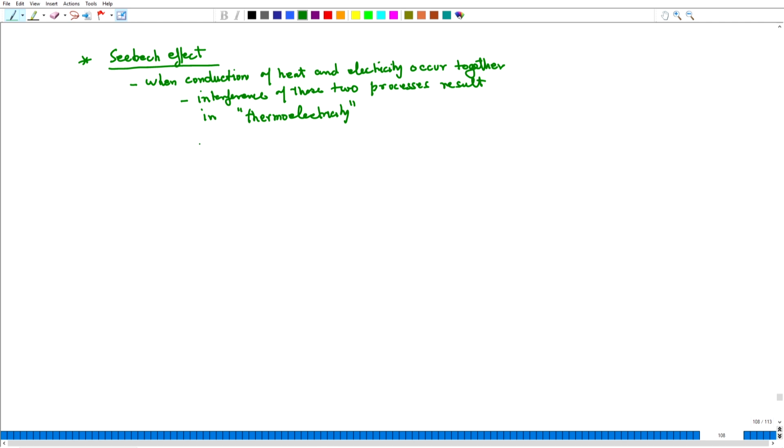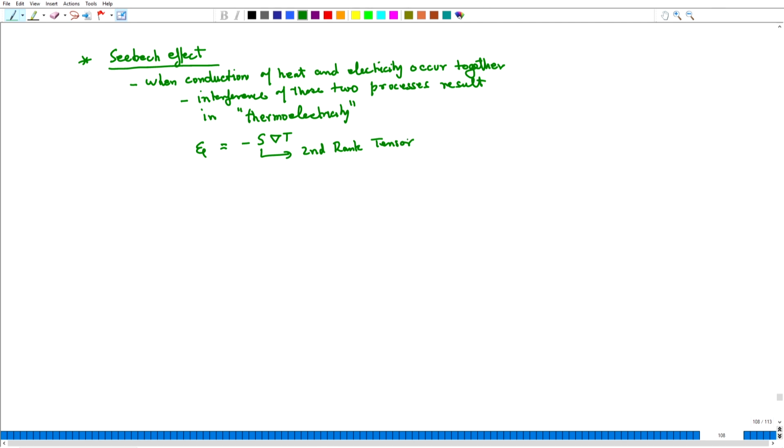So, here the electric field vector is related to a second rank tensor S into the temperature gradient. So, S is a second rank tensor.